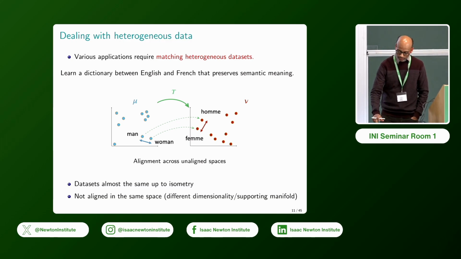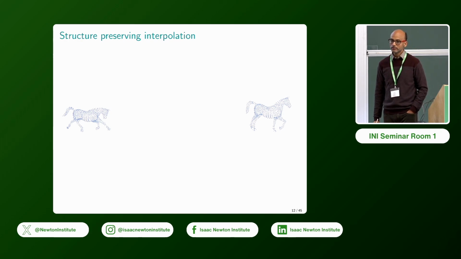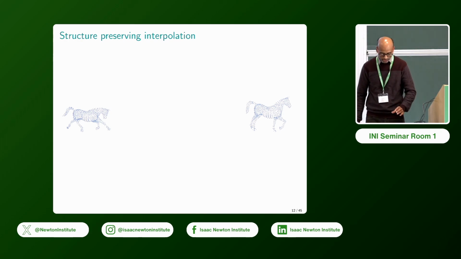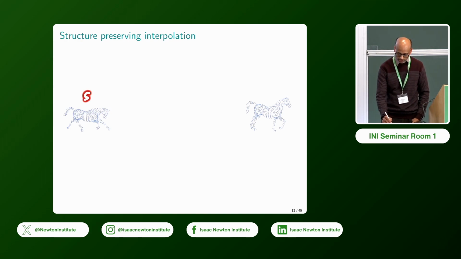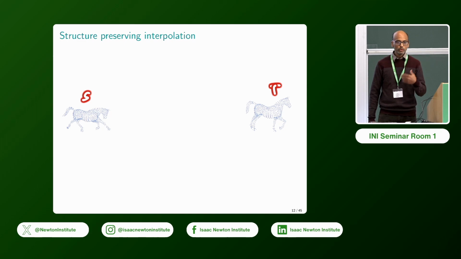Another question that one can ask is structure preserving interpolation, right? So let's say this is the source horse and this is the target horse. I want to interpolate from the source to the target, and we can do this using the Wasserstein geometry.